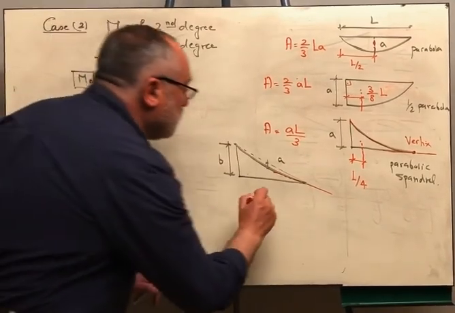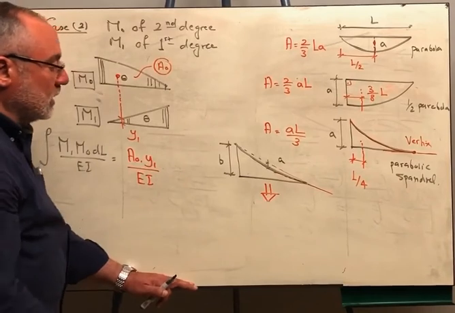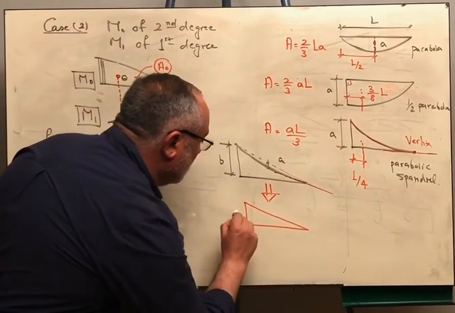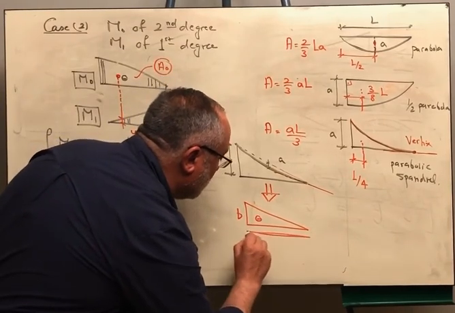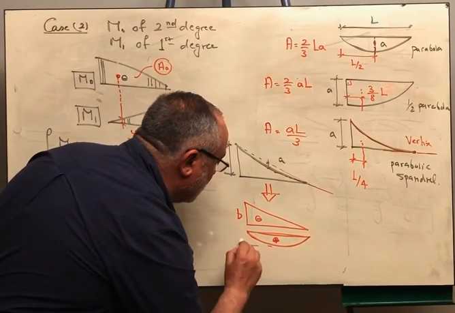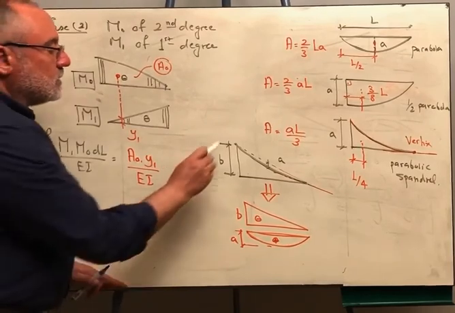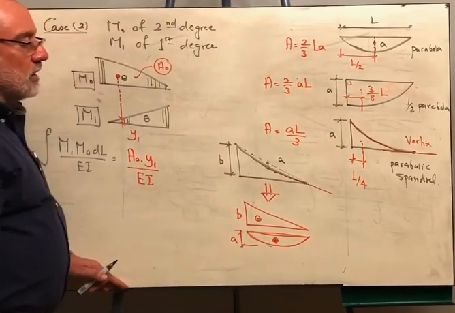So I'm going to decompose this diagram into a triangle with magnitude B and superimposed on it a parabola with magnitude A. I cannot say that the area of this diagram is B multiplied by L over 3.